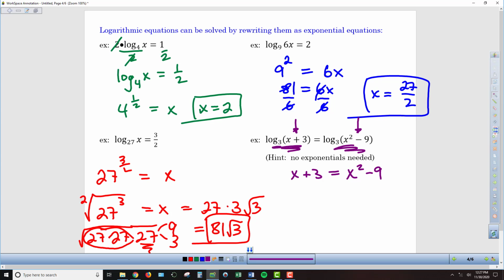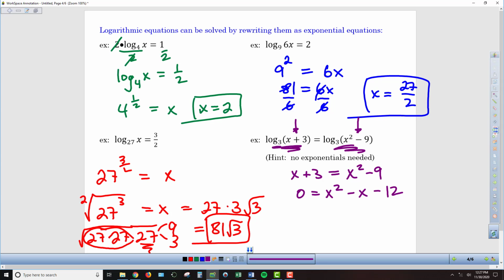So here I have a quadratic equation, so I'm going to solve by setting it equal to 0 and checking to see if I can factor or use some other technique. So if we do that, I'll move everything to the right, so I'm going to get 0 equals x squared. I'll subtract x from both sides, so I get a minus x, and if I subtract 3 from both sides, I get minus 12.